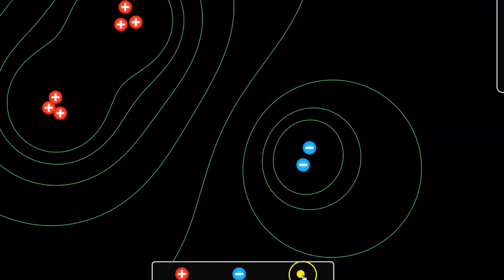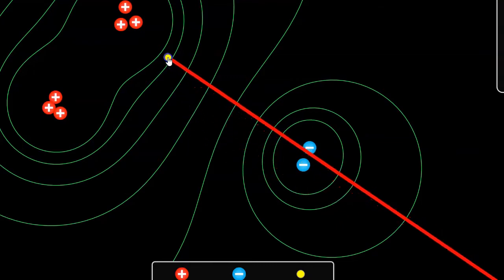Now if I then use my sensor, the sensor shows me, in the simulation, the direction of the force on my probe charge. And you can tell that the force is less here than it is, say, here. Right here, it goes off the screen. The force is so big, the arrow goes off the screen.